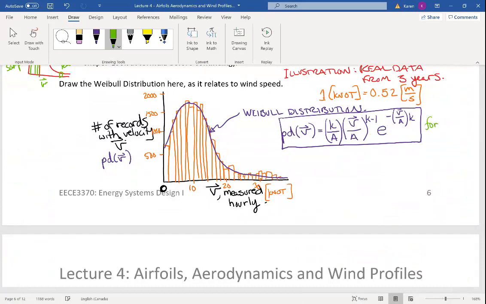This is for velocities greater than 0 because the Weibull distribution is not valid in negative numbers. So here, velocity is wind speed, and K is a shape factor. And A is a scale factor.